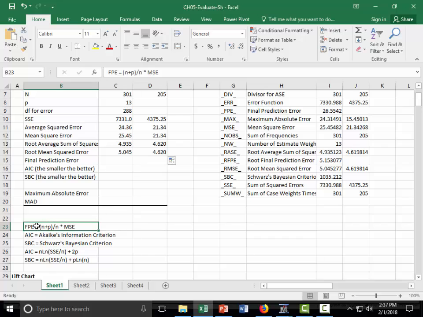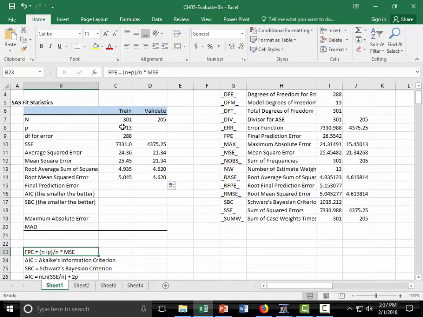So you take n plus p, add the two, and divide by n.